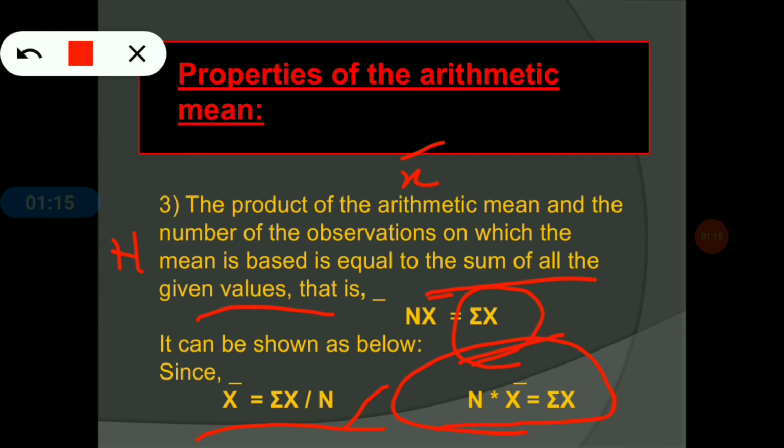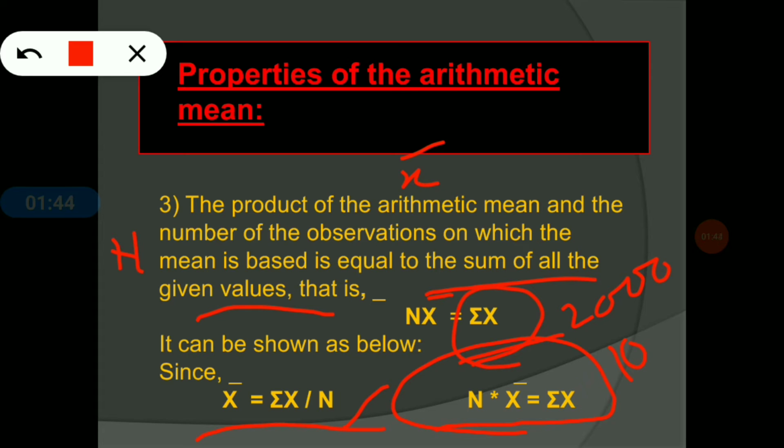For example, if we know the average wage x bar in a factory, that is 2000, and the number of workers, denoted by capital N, employed in that factory is 10. Clear? So, we can compute the total wage, that is summation x, with the help of this property.